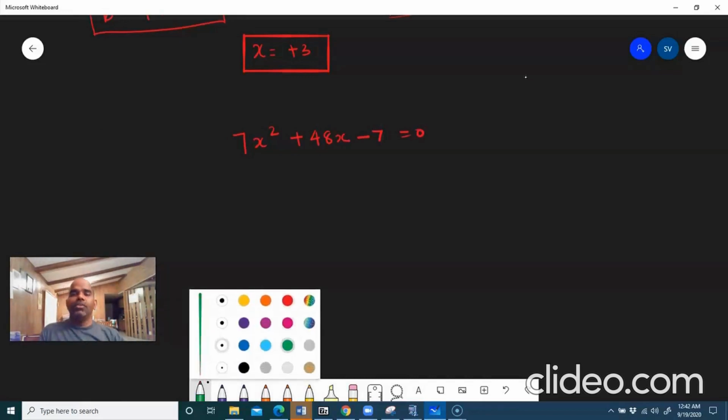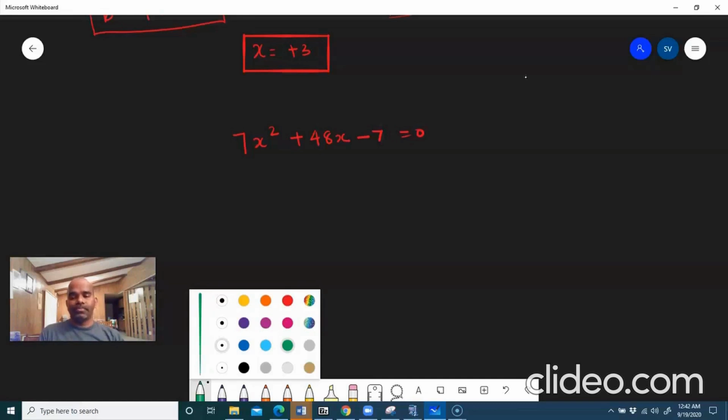Okay, so like what we did for the previous problem, we cannot divide each number with a common element. So here this is 7, this is 48. There is nothing common in 7 and 48. So what can we do? That is the question. So that is why I said this is a second type of problem.